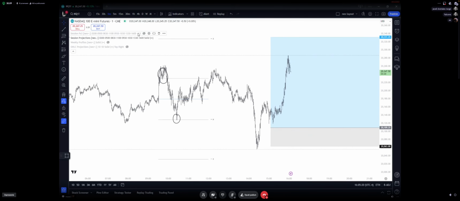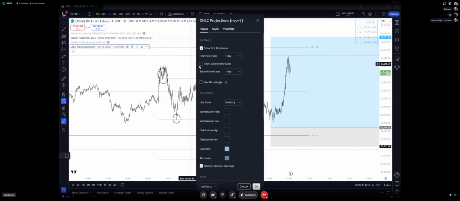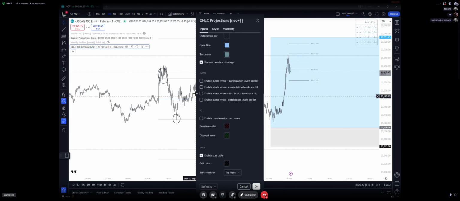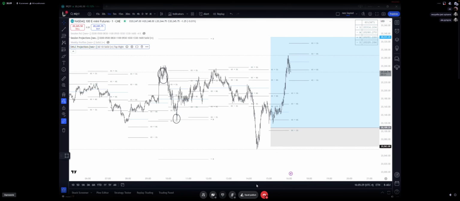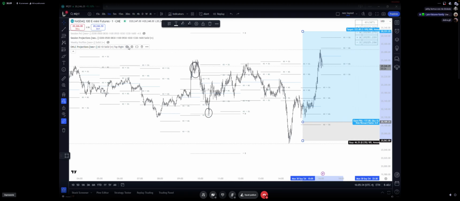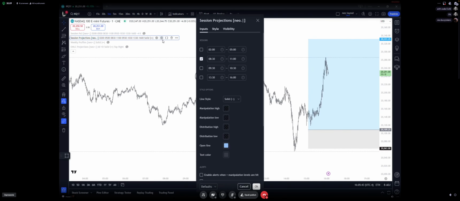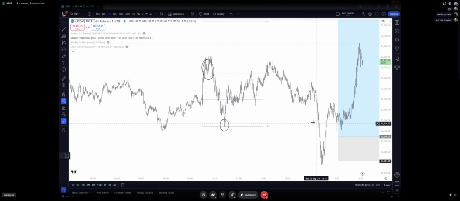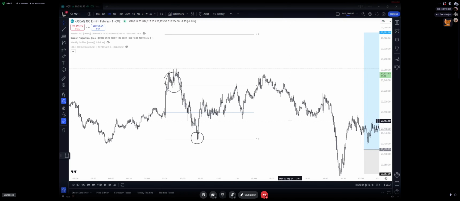If you use the hourly, for example right here, and look at what it did, you're going to see that the range is a lot smaller. So it's going to be less accurate because it's based on a far bigger sample size, every hourly candle rather than just a session. It's basically the same as what I discussed prior, just that you can use this for sessions and specific times that you want to trade.